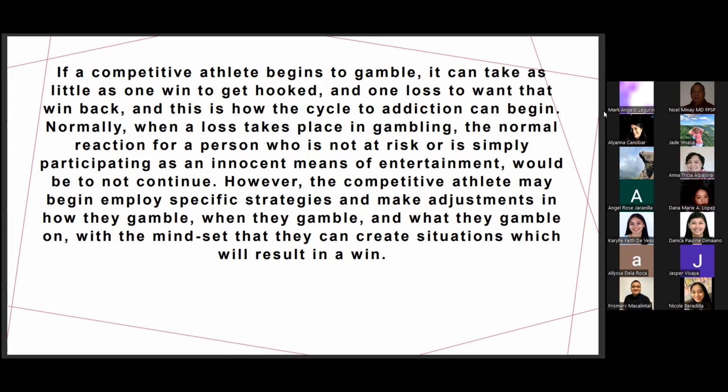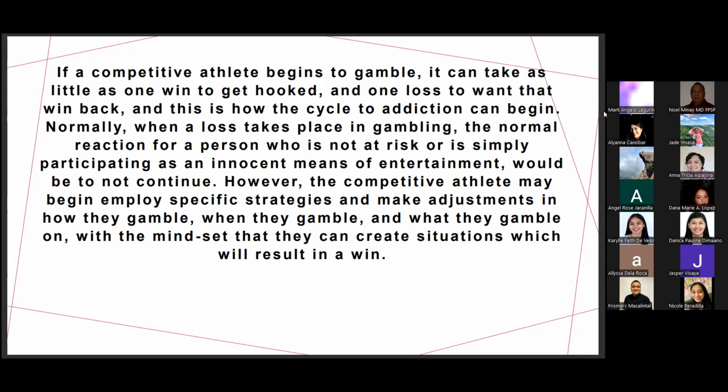If a competitive athlete begins to gamble, it can take as little as one win to get hooked and one loss to want that win back, and this is how the cycle of addiction can begin. Normally, when a loss takes place in gambling, the normal reaction for a person who is not at risk, or is simply participating as an innocent means of entertainment, would be to not continue.